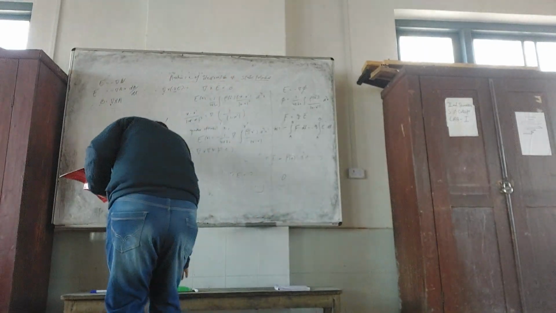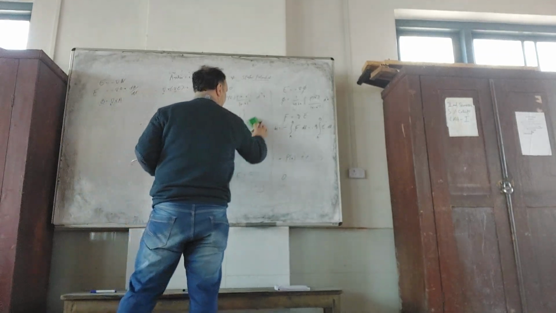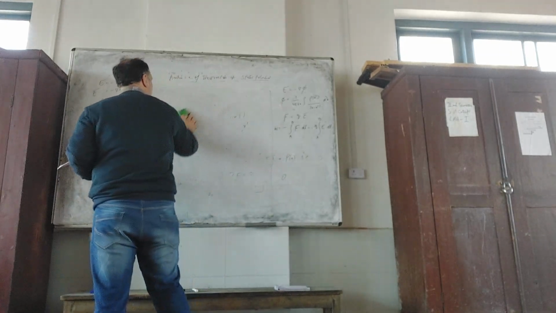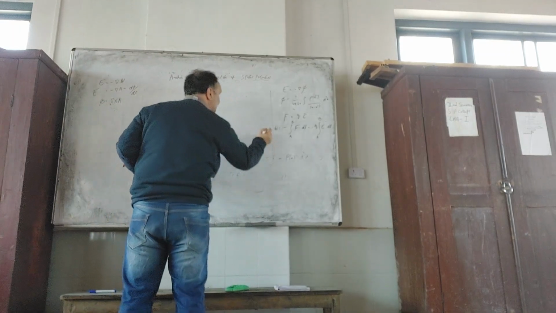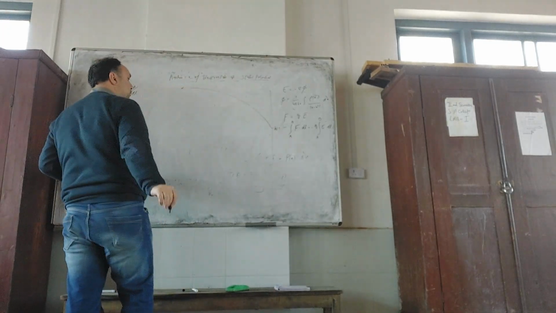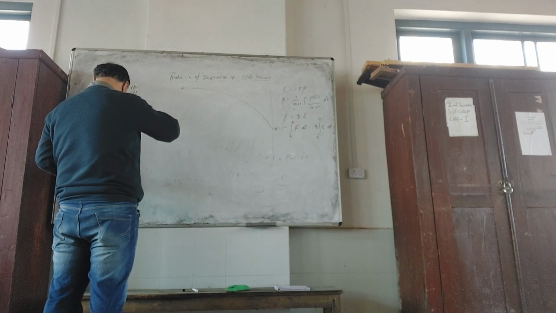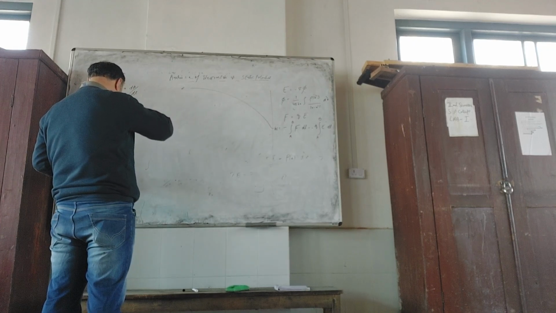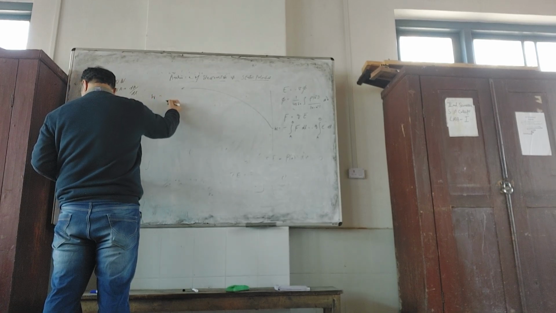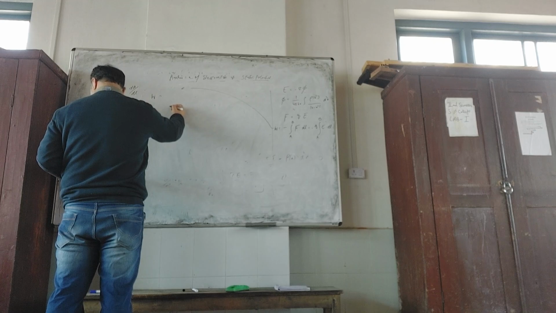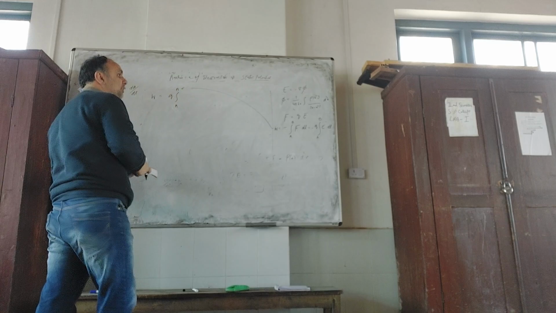Now from this, the work done on a charged particle in an electromagnetic field is Q times the integral from A to B. So what is E in place of this?